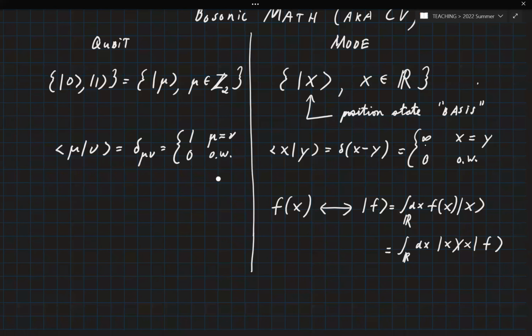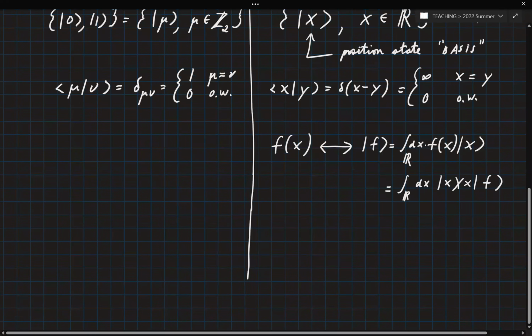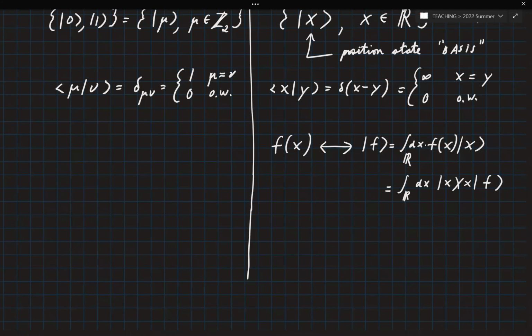And the physical states, the real states that we're eventually going to have to deal with in this bosonic Hilbert space, are just functions that are normalizable. And by normalizable, I mean physical. They're basically the same thing in this context.